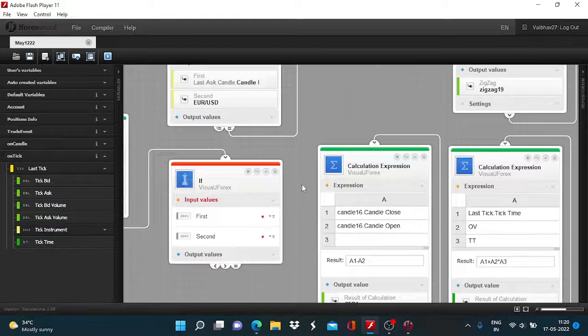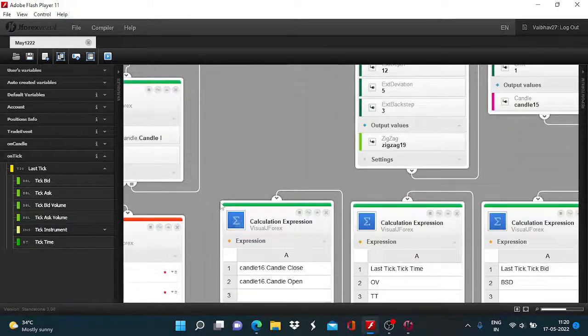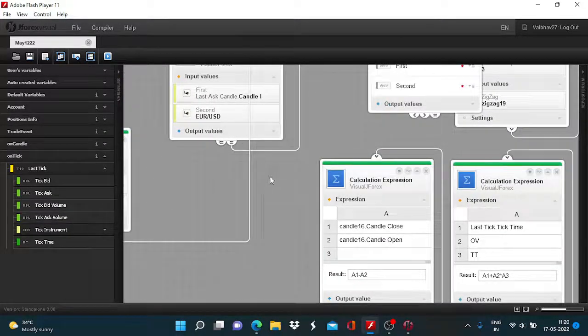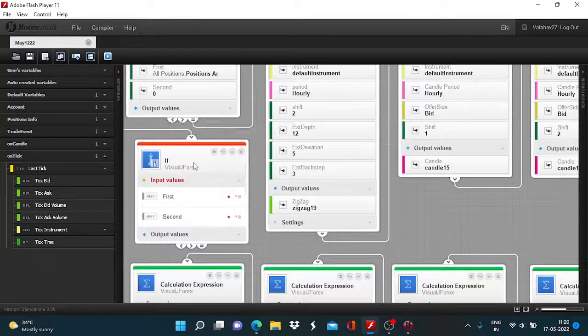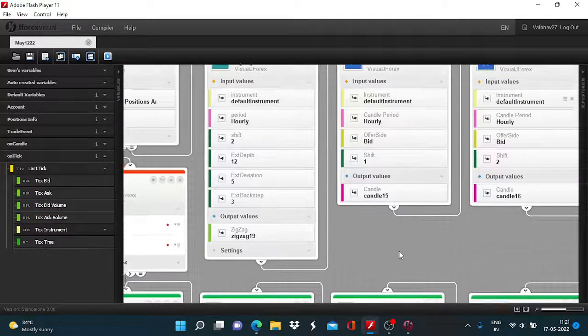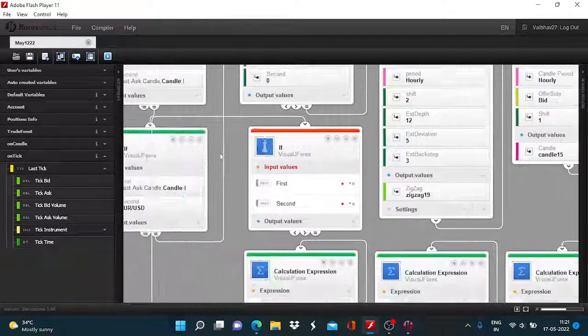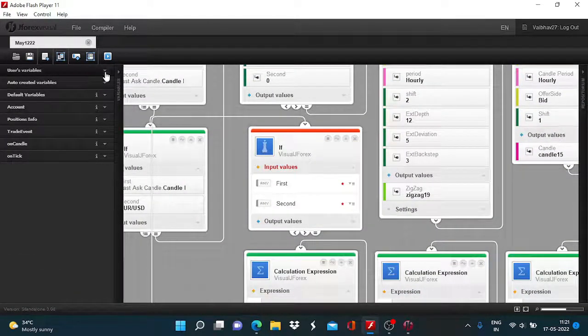We also need to make sure that there was a decline in the last hour. So I will take candle 15 candle close and compare it to candle 15 candle open.